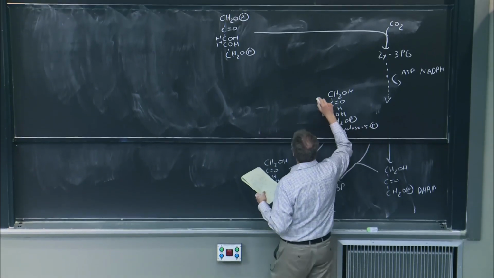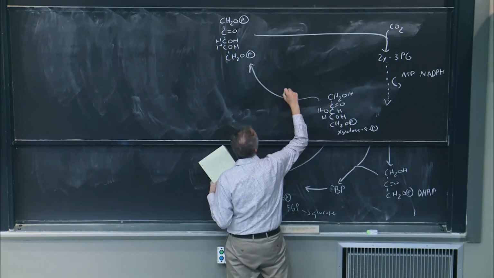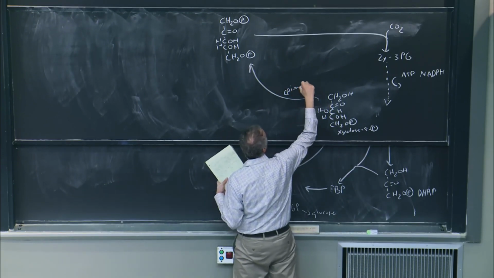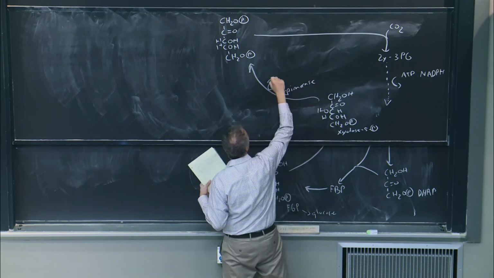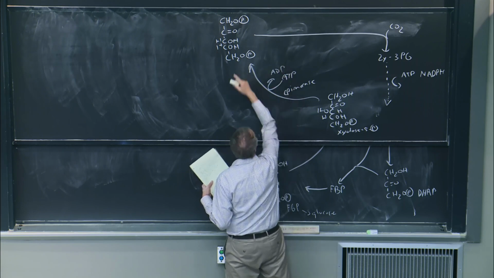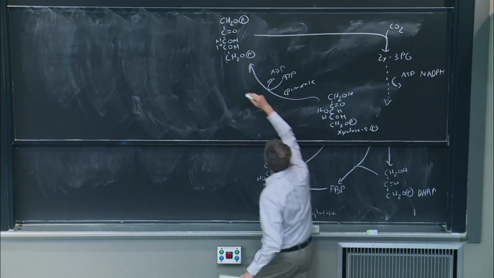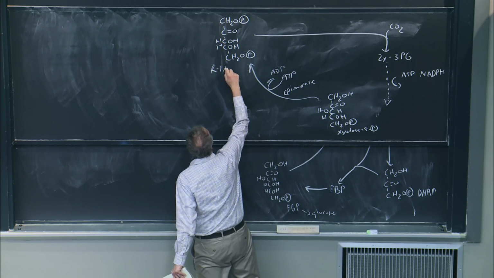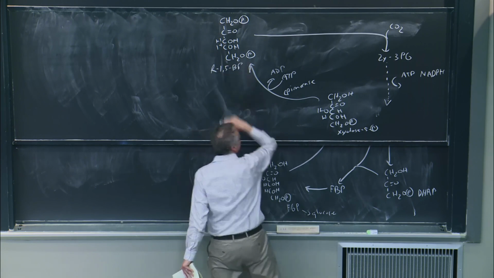That's a 5-carbon sugar. If I use an epimerase and phosphorylate it with ATP, now I can regenerate a ribulose 1,5-bisphosphate.